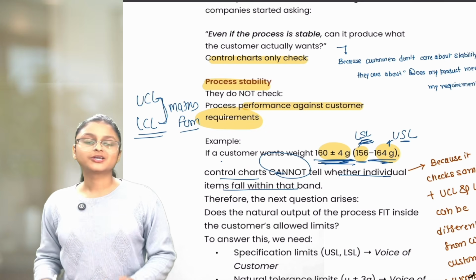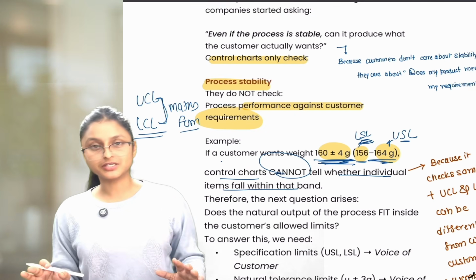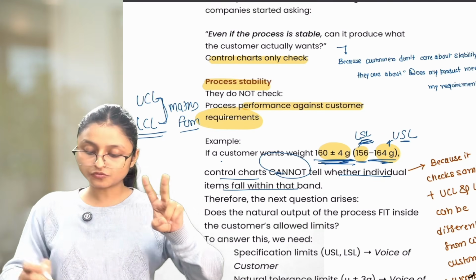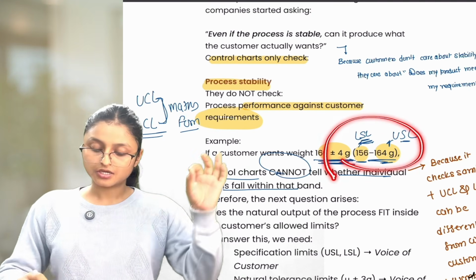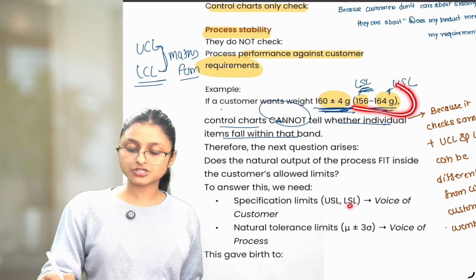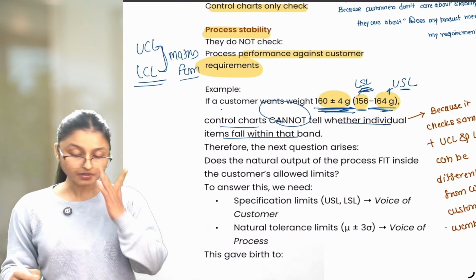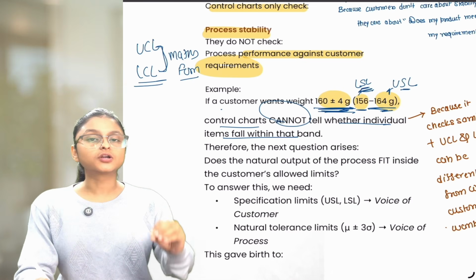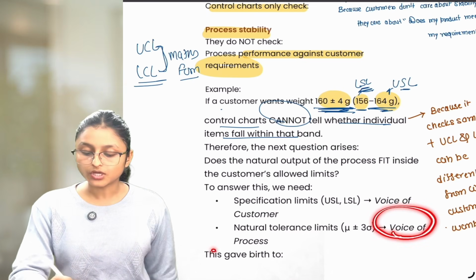To check that, we use process capability, which takes help of two things. First, the specification limits, upper specification and lower specification, which are set by the customer. And with that, we are also going to use natural tolerance limits, which is the voice of the process.